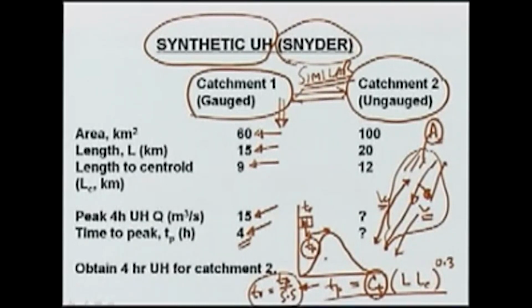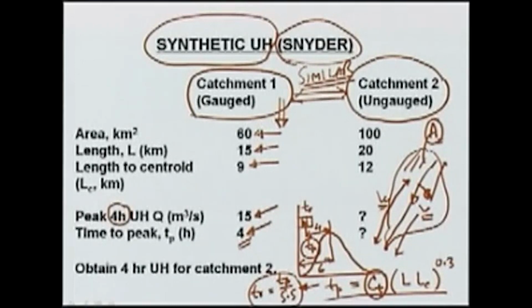So, center means that we have 2 hours and then further 4 hours from that. So, Tp is 4 hours from here and 6 hours from the time 0 or the starting of the rainfall. So, Tp in this case is 4 and the duration of the rain is 4 hour.